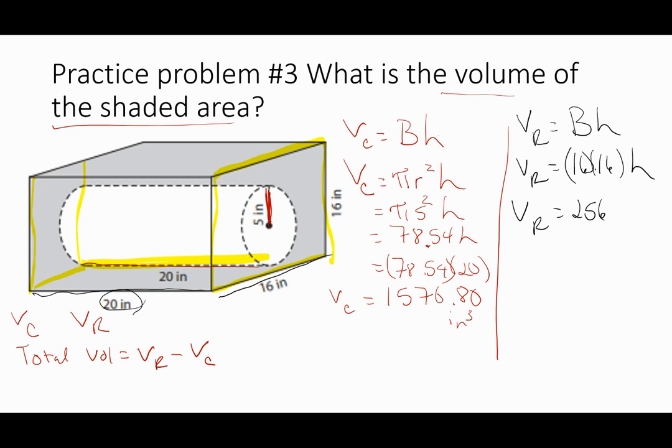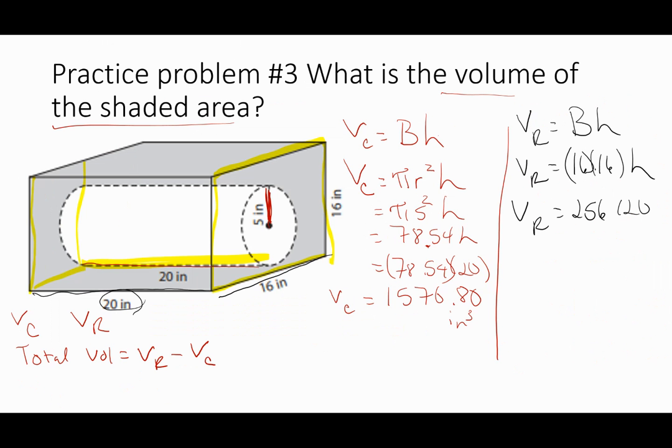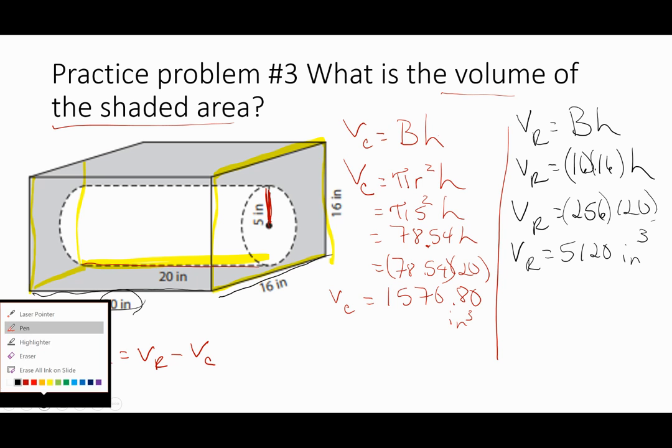Gives it to us nice and neat. So the volume of our rectangular prism is 5,120 inches cubed.